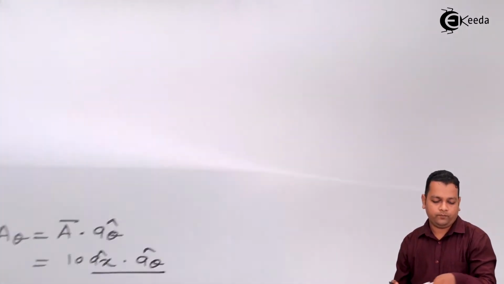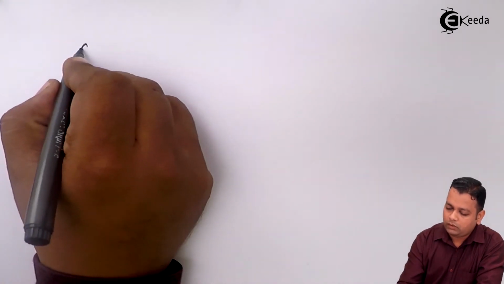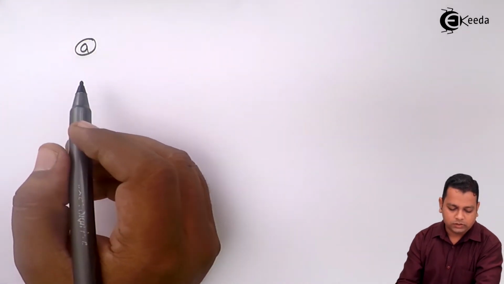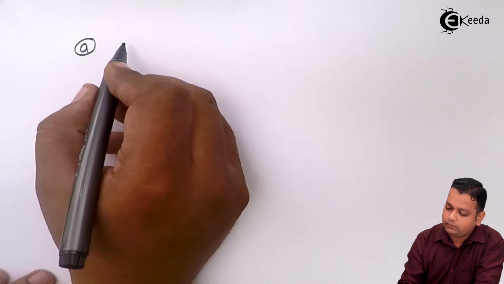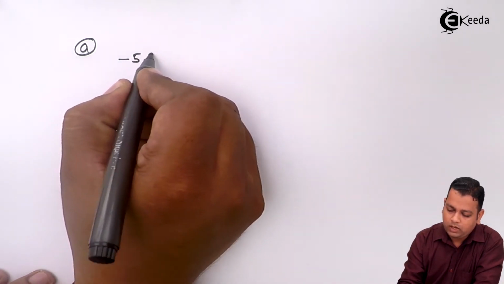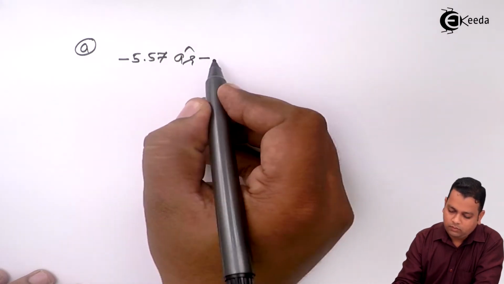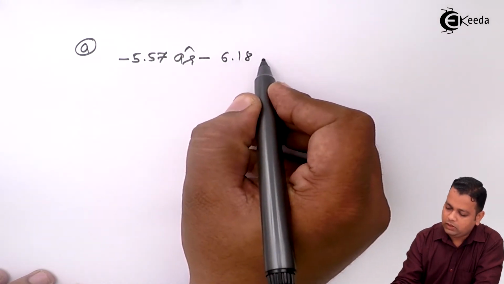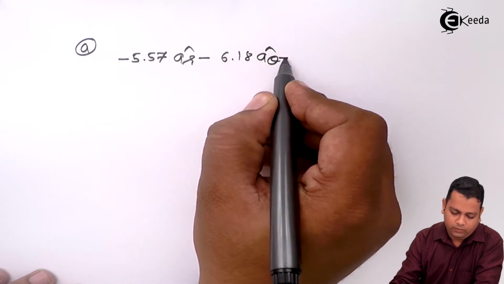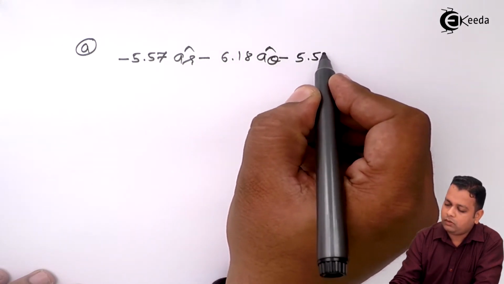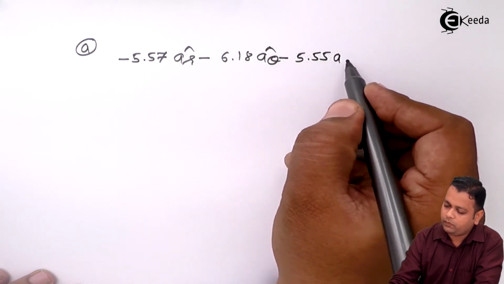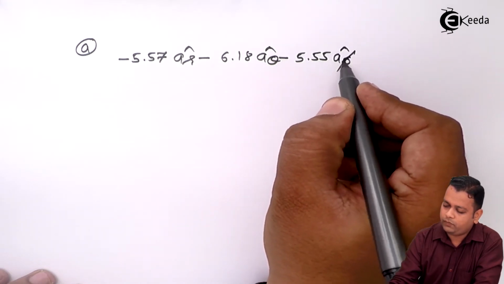So finally, the representation of the vector for part A in spherical coordinate system will be minus 5.57 AR cap minus 6.18 A theta cap minus 5.55 A phi cap.